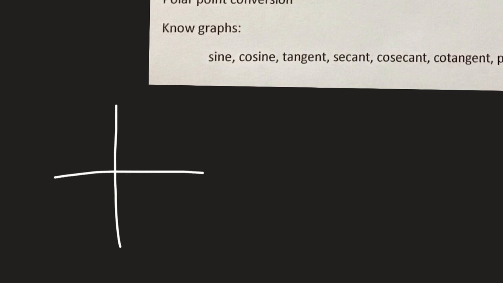A sine graph, you should know, starts at the origin because the sine of 0 degrees, the sine of 0 radians, is 0. It has a standard period of 2 pi.